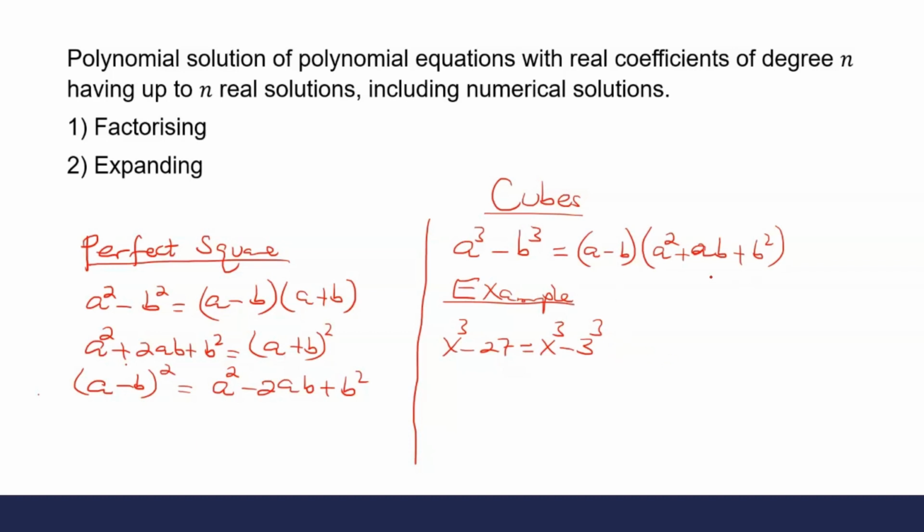So by using the same concept, our a is x, so it's x minus 3, then x squared, plus x times 3, which is 3x, plus our b value, 3, squared, which is 9.